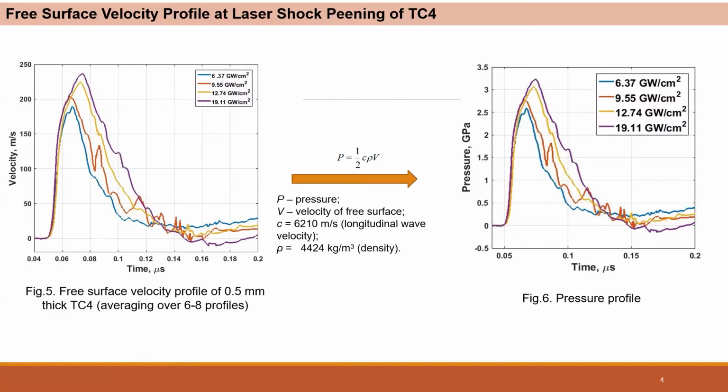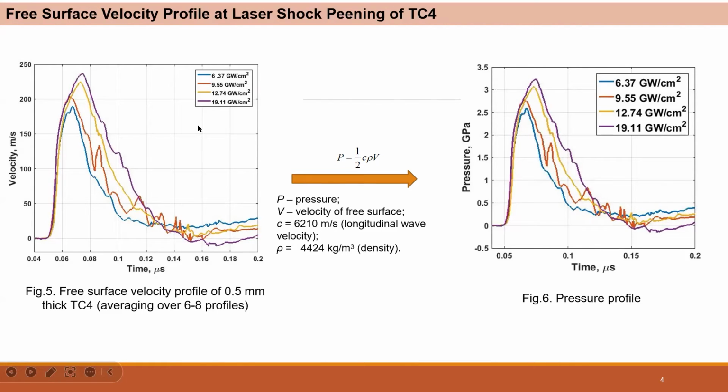After that we recalculate it into pressure. As we know the longitudinal wave velocity and the density of the material, we can estimate the pressure for different pulse energies. We had experiments for 4 energies: 2, 4, 6, and 8 joules, and after that it corresponds to this power density.